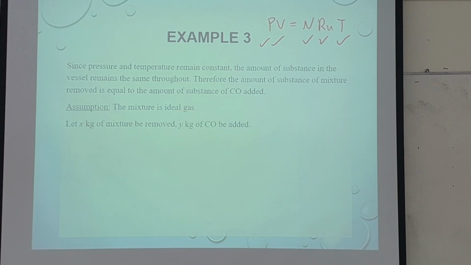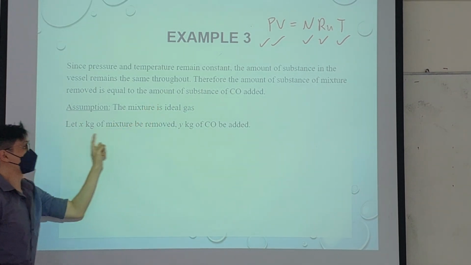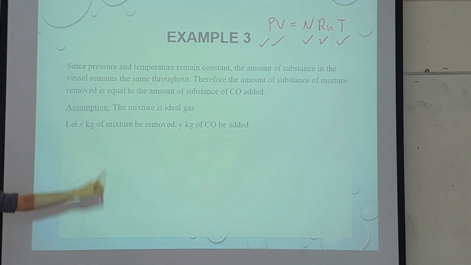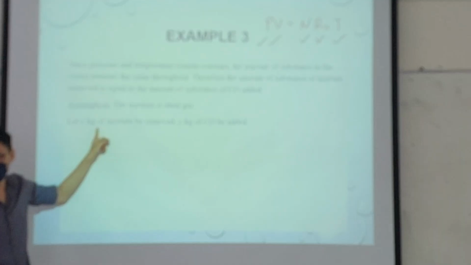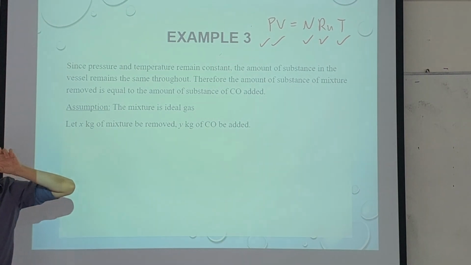So, once again, we do math. We give it some variables here so that it's easier for you to visualize. We let x kg of mixture be removed and y kg of CO be added. Why is it that just now we said they are the same, but here we give them different variables? Because here we are talking about mass, and what we were saying there is the mole.